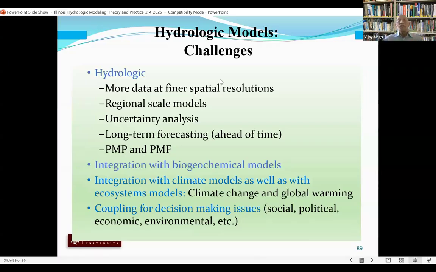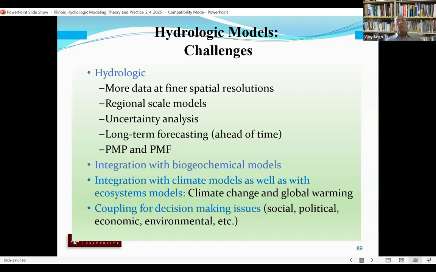The current challenges are that the hydrologic models in many cases need to be developed at a much finer spatial scale. On the other hand, we also need models at the larger scale, at the regional scale, even at the national scale. And they have to be coupled with uncertainty analysis.